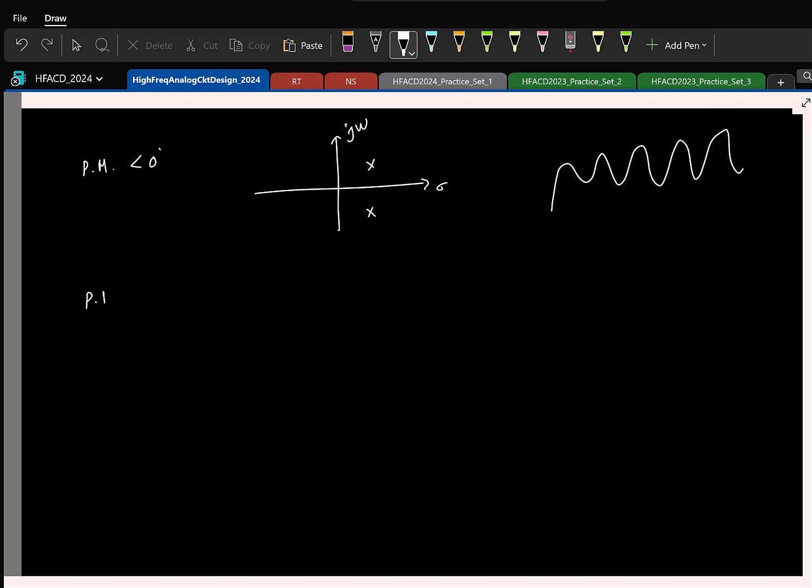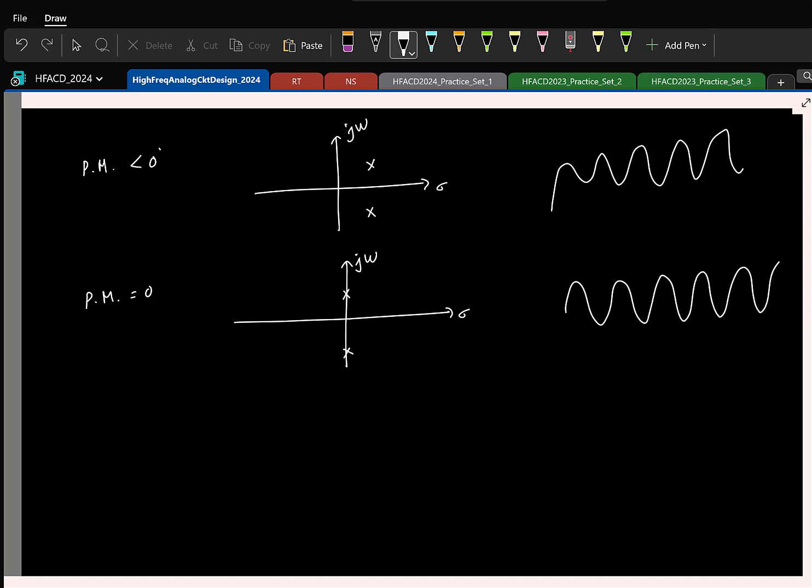If I say phase margin is exactly 0, where might the closed loop poles lie? It will be exactly on the j omega axis. And how will the time domain response look? It will basically be a pure sinusoid. And let's say phase margin is greater than 0 but not very large, some 5 degrees or something.